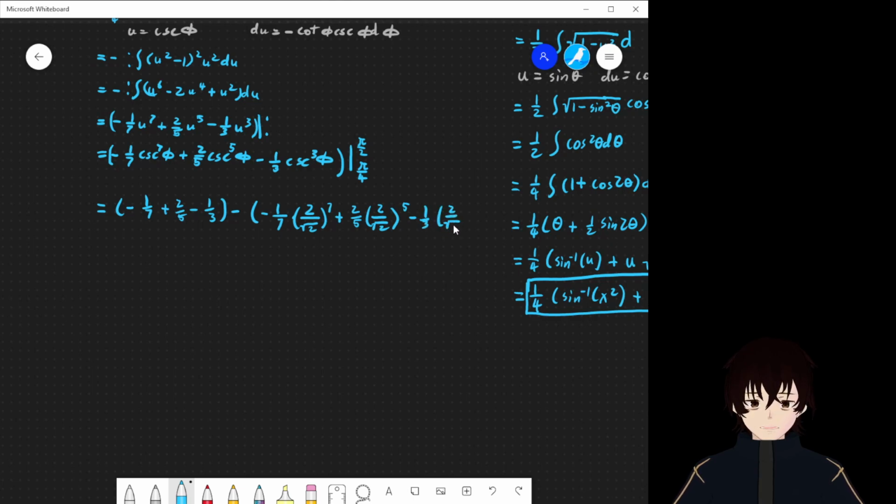I guess we just have to solve this. First part's bad enough as is. LCD. It's going to be all of them multiplied together, so that's negative 15 plus 42 minus 35.